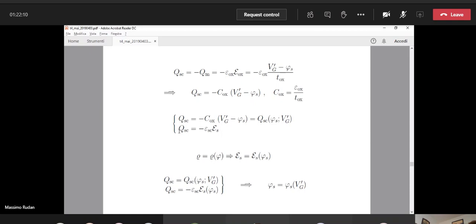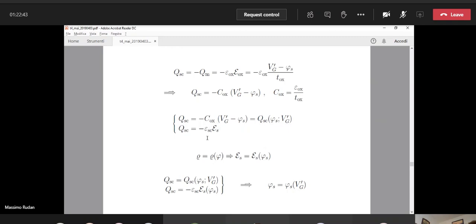The other relation is QSC equal to minus the permittivity of the semiconductor times the surface field in the semiconductor. This is another relation that we found by using the Gauss theorem on the cylinder number 3, the one in the semiconductor. Does it solve the problem? Not yet, because we have another unknown, the surface field.